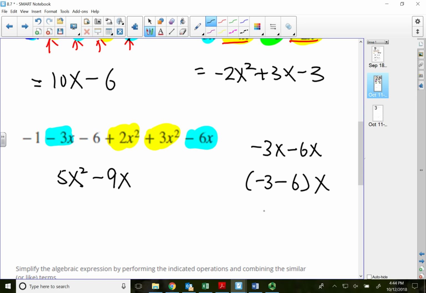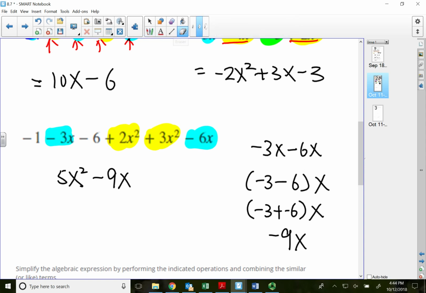And since I have a subtraction, we have to use the additive inverse, which becomes plus a negative 6x. So negative 3 plus negative 6 is going to be negative 9x. Or we can just learn it by saying terms with the same sign we add. So that'll be negative 9x. Again, if you like the way I'm showing you, that's fine. If you like to do it in more detail, that would be fine as well.